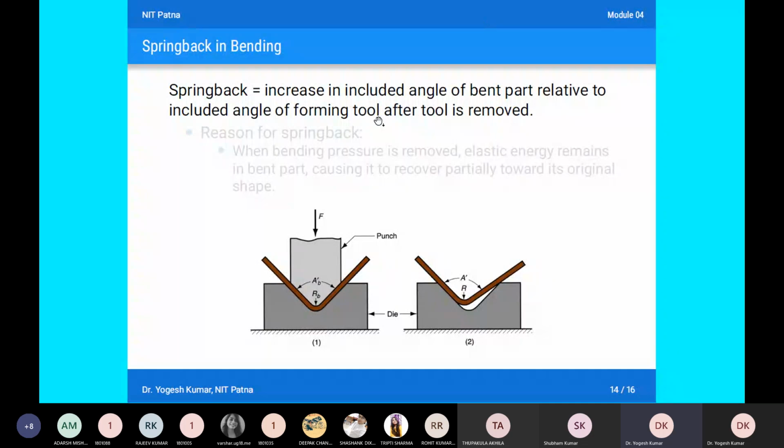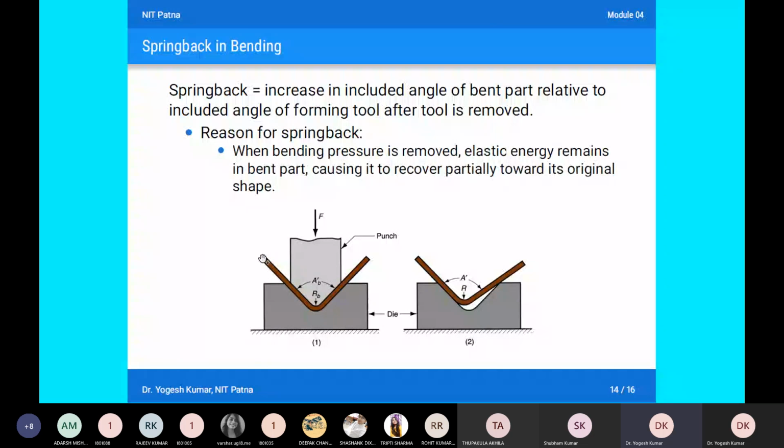Let us take the example of the V bending process. We can see here we have applied a certain force, and as soon as the punch is removed from this place, what happens?